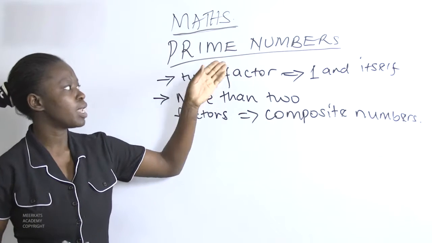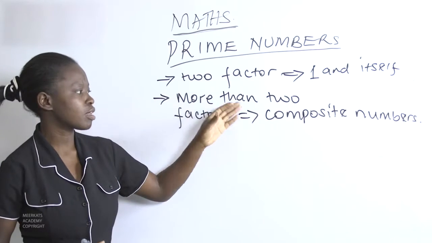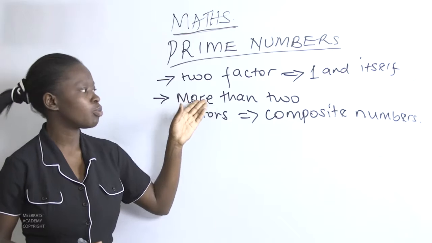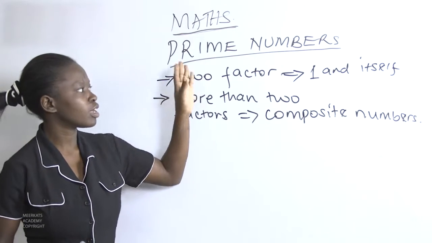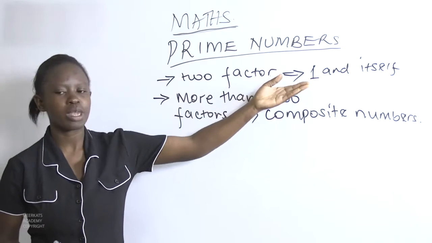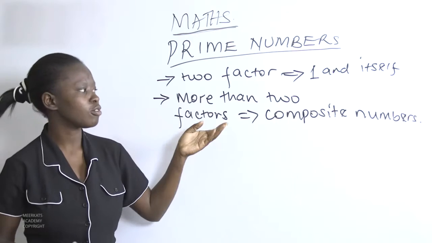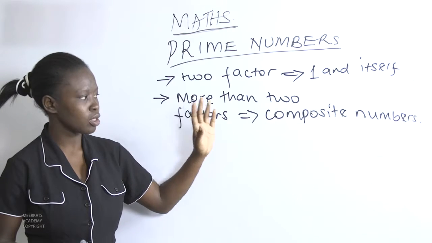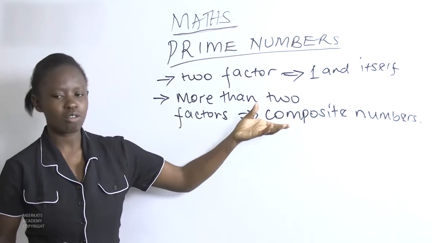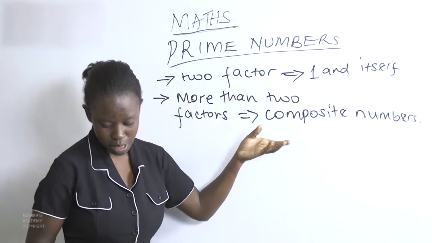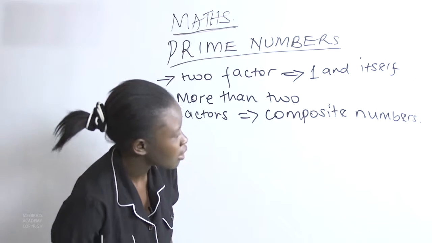Composite numbers are made up of several prime numbers. They don't have two factors, but they have more than two factors. A prime number has only two factors, that is 1 and itself, but a composite number has more than two factors, so that you have more prime factors making up that composite number.